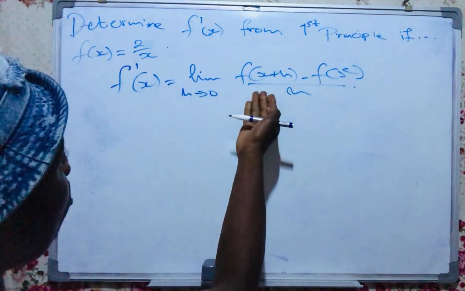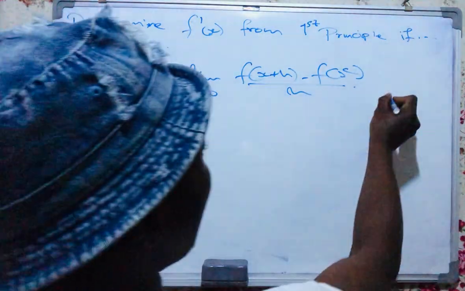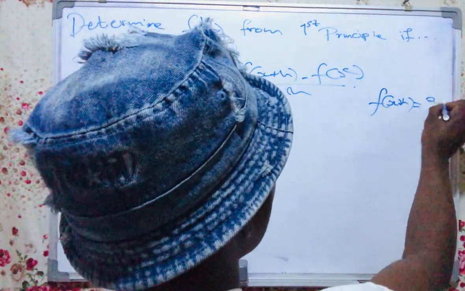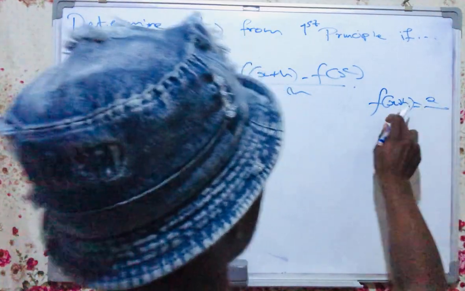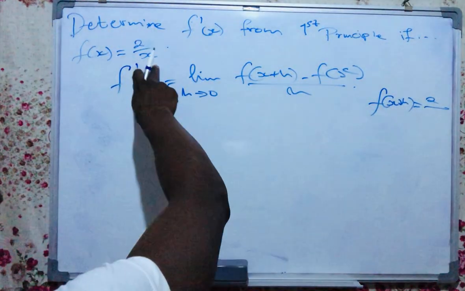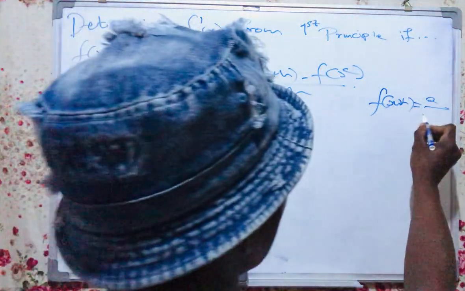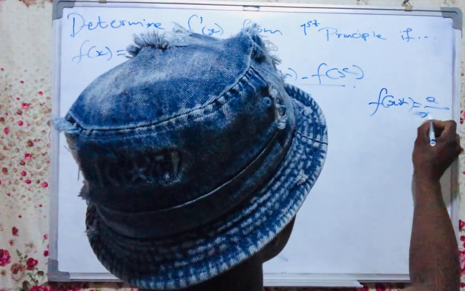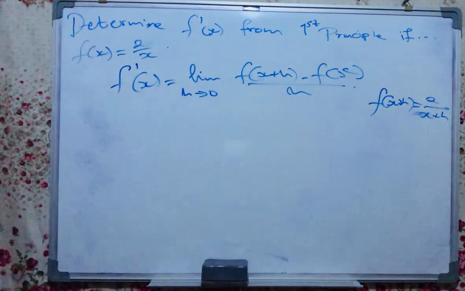How about f of x plus h? F of x plus h is the function f of x, but where there is x, we put x plus h, so it's 2 divided by x plus h.